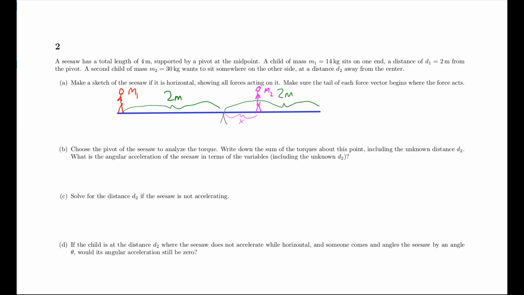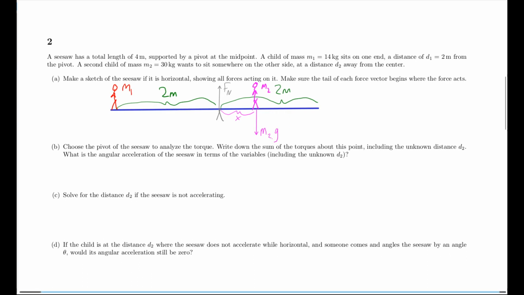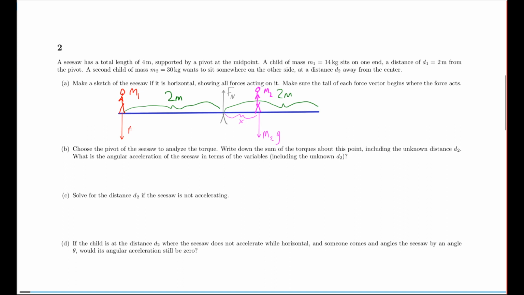Well, there's a normal force going up from the pivot. We'll label this F sub n. There's the weight of the pink child over here, which is m2g, and the weight of the red child over here, which is m1g.